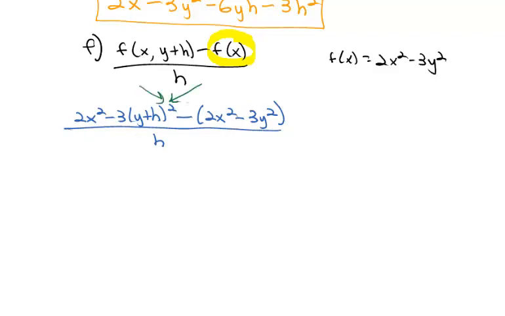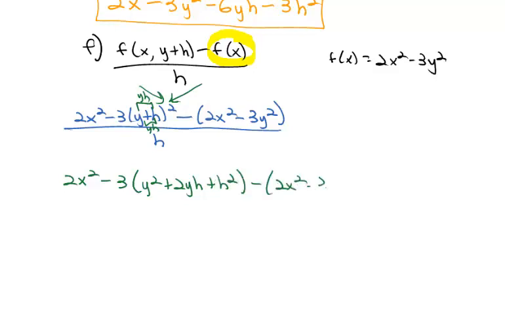Order of operations says we're going to do the exponent first, so we've got 2x squared minus 3 times y squared. We've got a yh and a yh, so that's plus 2 yh's plus h squared, minus 2x squared minus 3y squared, all over h.